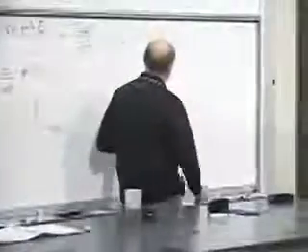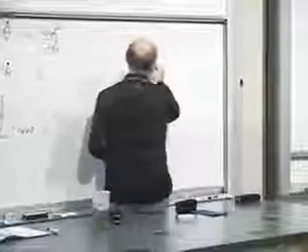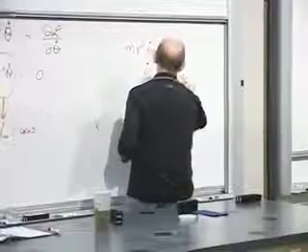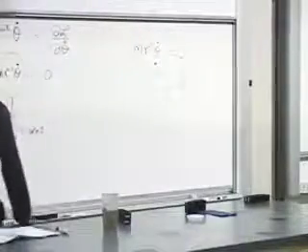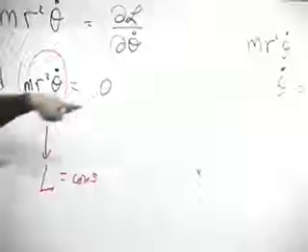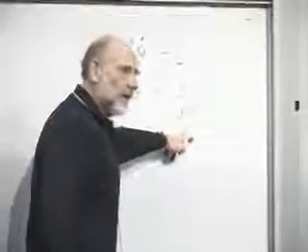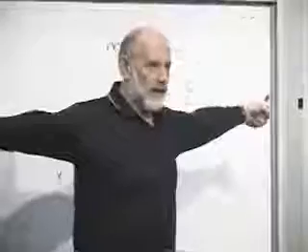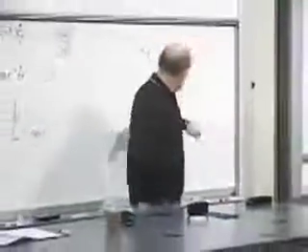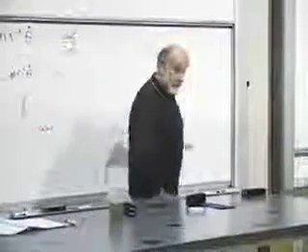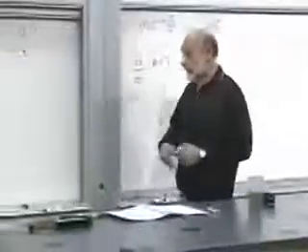Well, you can solve this and write that theta dot is equal to the constant over m r squared. So you see what happens as r goes in and out for whatever reason. As r either oscillates or gets bigger or smaller, theta dot changes to compensate. This is just the spinning ice skater effect. As r gets smaller, theta dot gets bigger. It's the conservation of angular momentum.